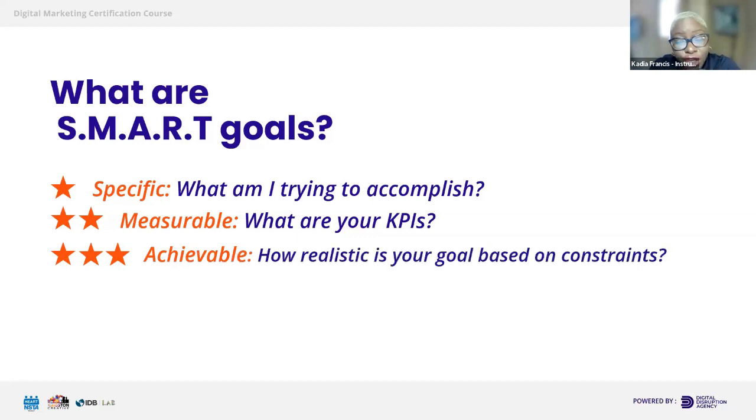The A is for achievable, and it's really trying to bring you into the realm of reality, right? How realistic is your goal based on constraints that you have identified in your business? So you may not have time. Several persons since the beginning of this program have dropped out or withdrawn from the program, right? Why? Because they had set a goal for themselves that was not reasonable.